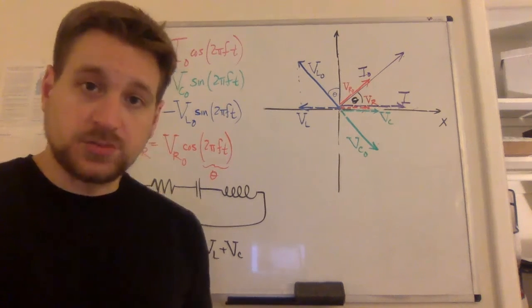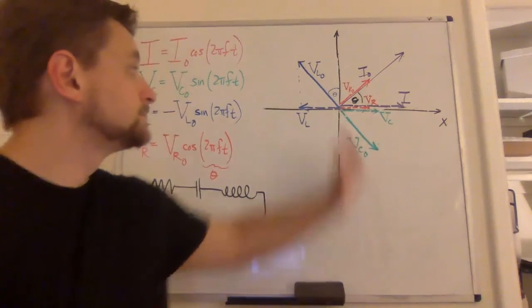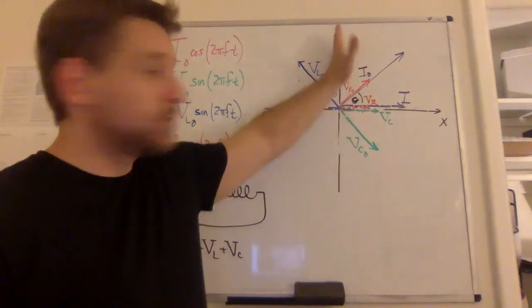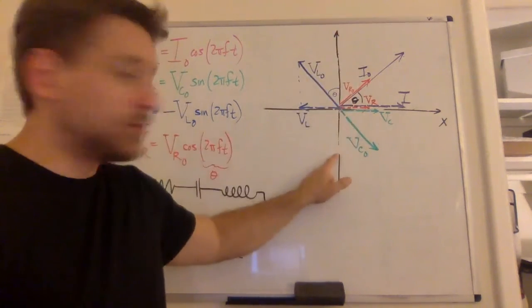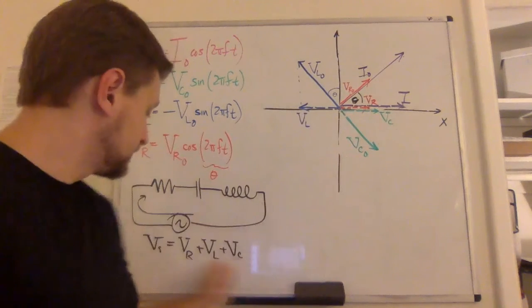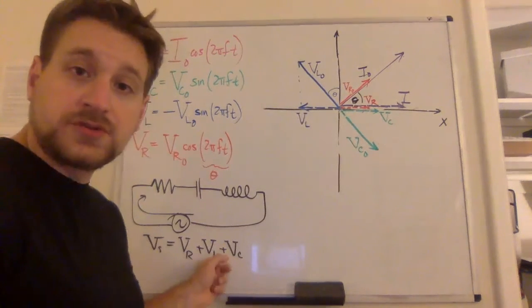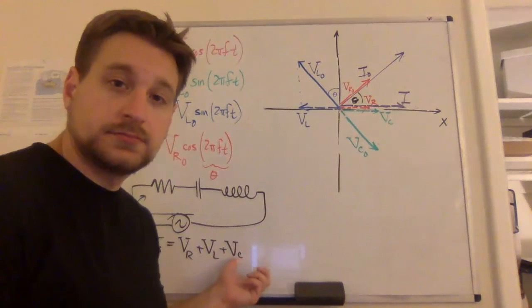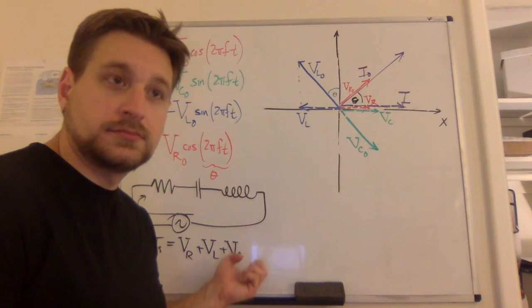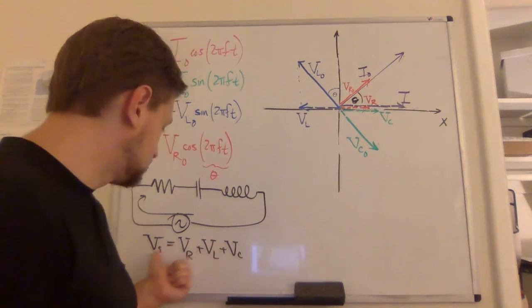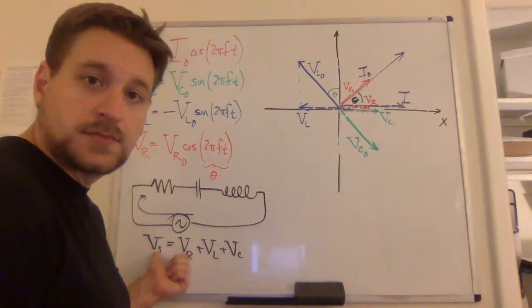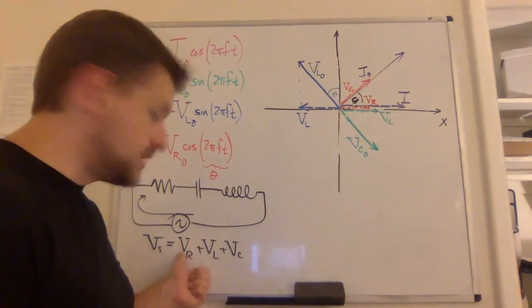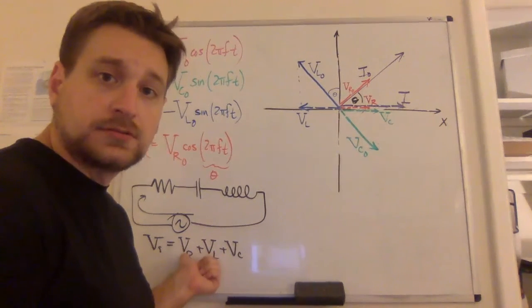There was a moment at the beginning when the inductor pointed straight up and the capacitor pointed straight down. Their x components were 0. In that moment, the potential across the source was equal to the potential across the resistor.